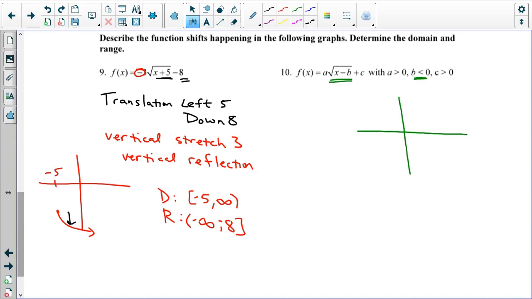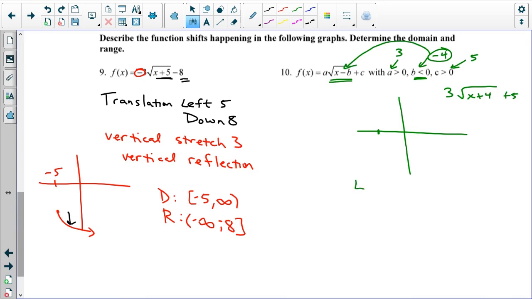If I made b something like -4, just to mentally conceptualize what's happening, and I make a something like 3 and c something like 5, I have 3 times the square root of x plus 4, plus 5, because a negative number subbed in where I have a negative, that's how it's going to look.